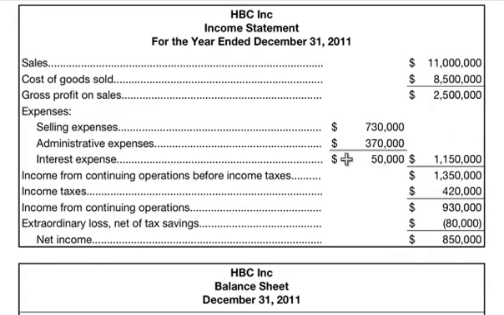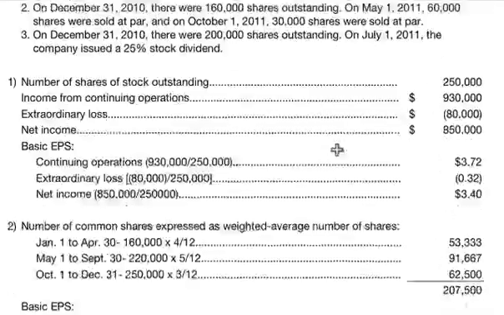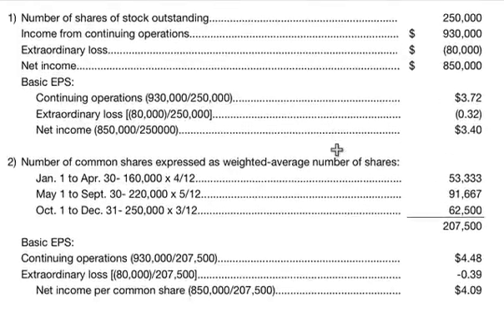To compute basic earnings per share, we'll come down here to number one, and this is our entry. You have the number of shares outstanding, 250,000. This is the exact same information: income from continuing operations, 930,000; extraordinary loss of 80,000; and net income of 850,000. We divide the 930,000 by 250,000 shares, and we get $3.72.